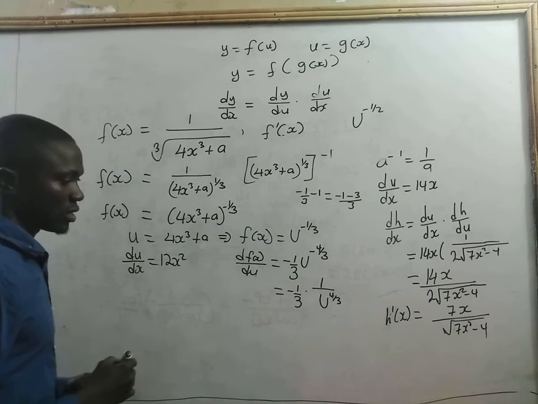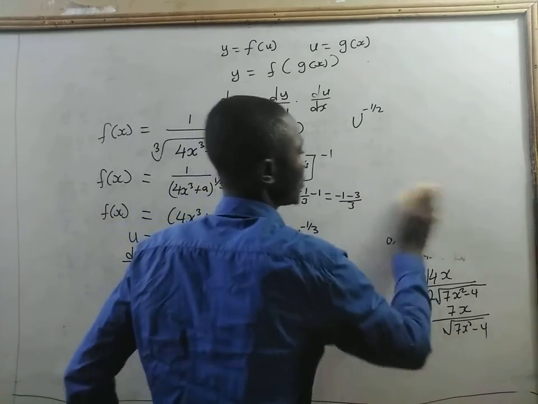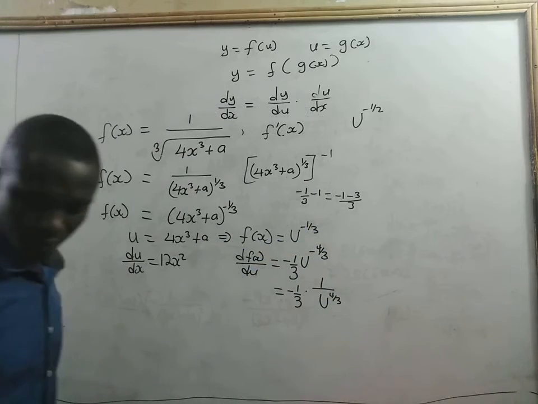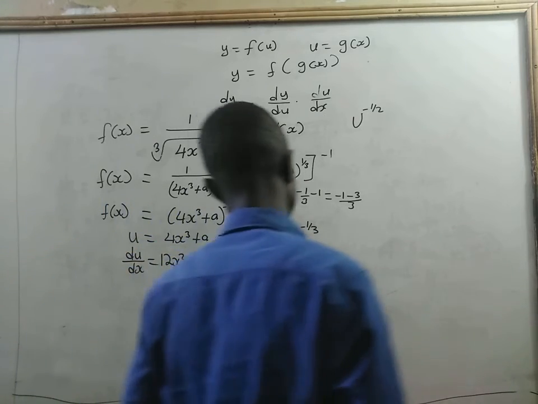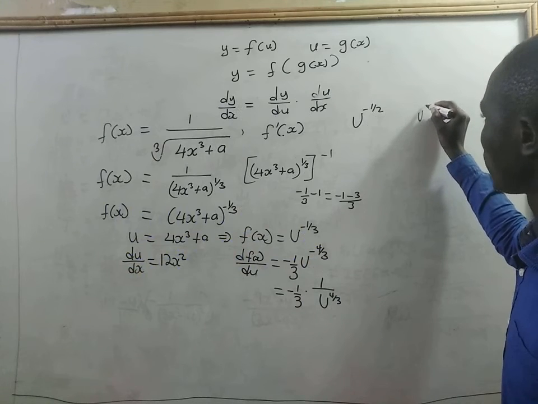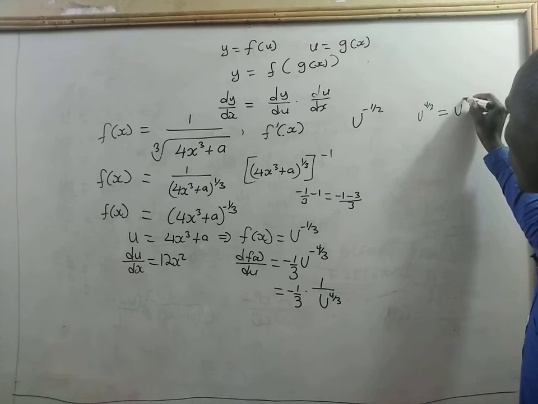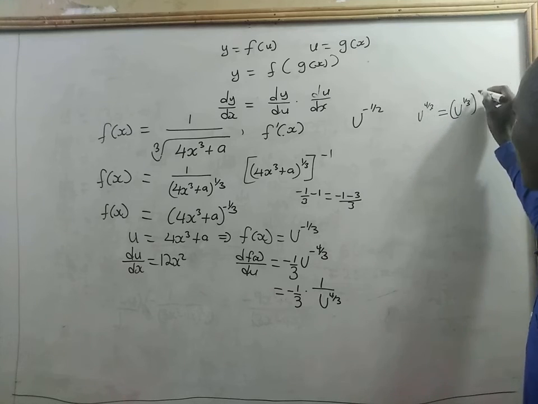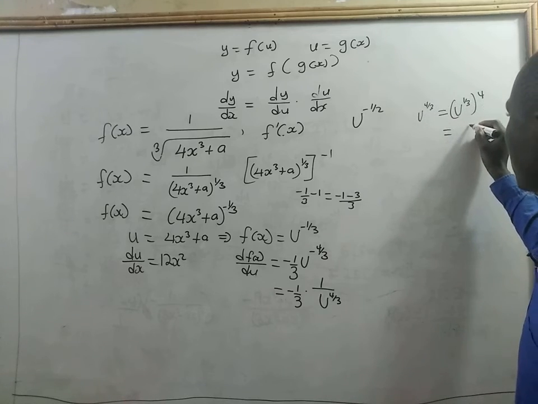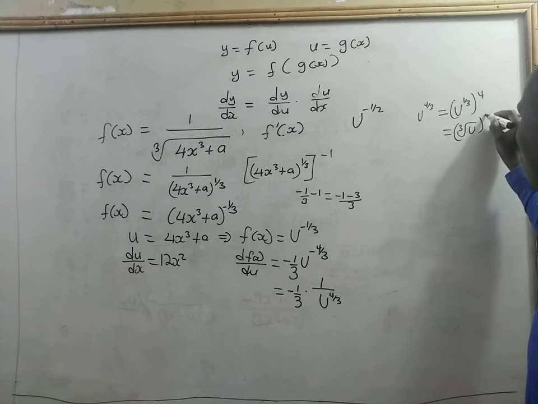So, what do we do here? Let's clean this portion. Okay. So here, if I have u to the power 4 on 3, it is the same as u to the power 1 on 3 to the power 4. Is the same as cube root of u to the power 4.